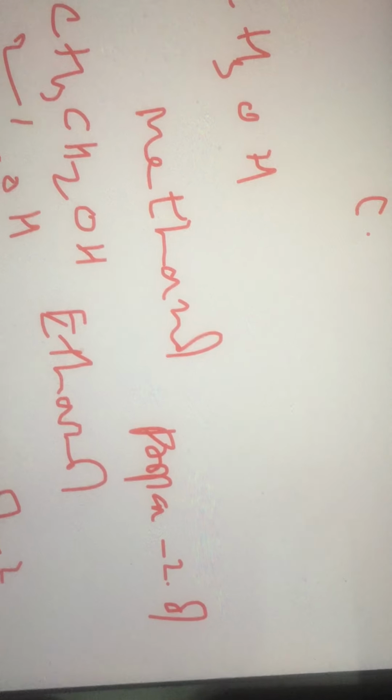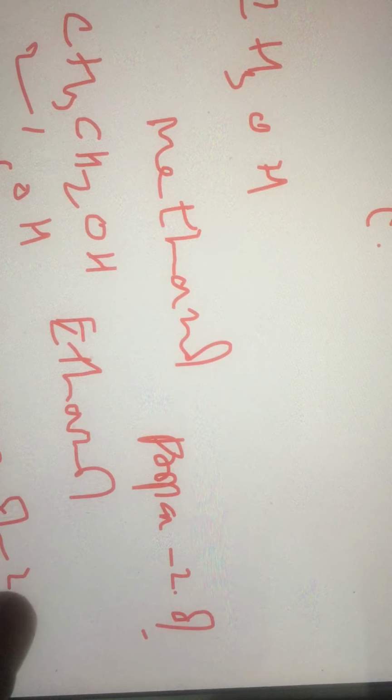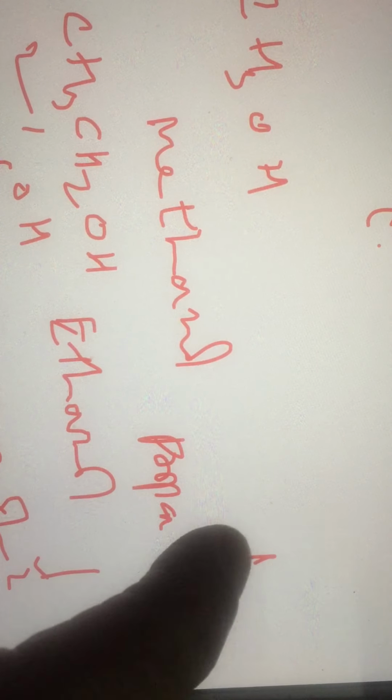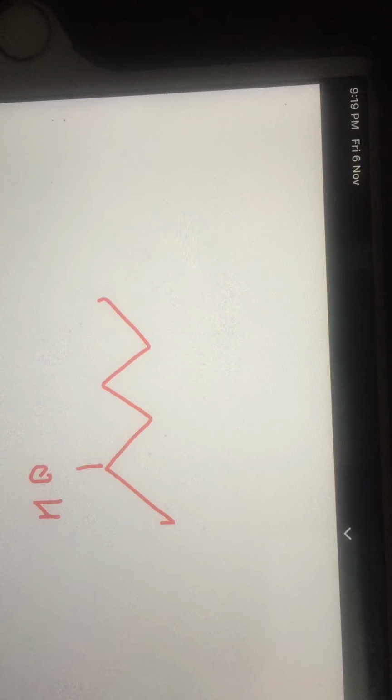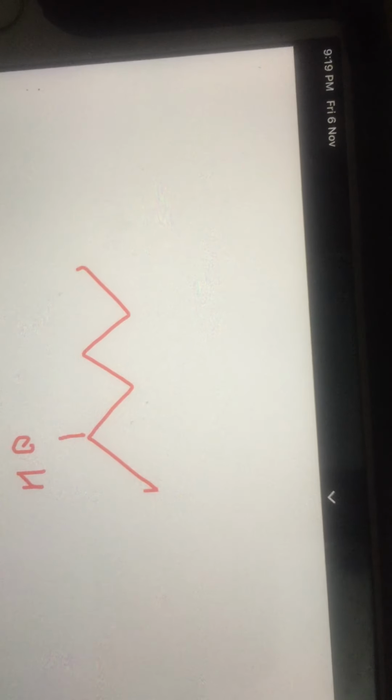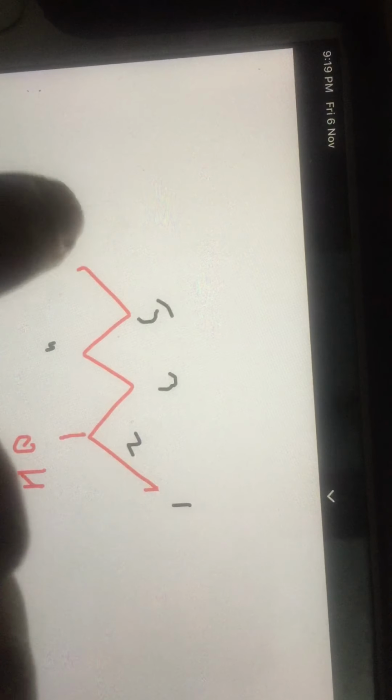So for alcohol, the position of the functional group ol can be specified at the end, in the intermediate position, or in the beginning, your wish. For example, let's try to name this compound. This compound has 1, 2, 3, 4, 5, 6 carbons.